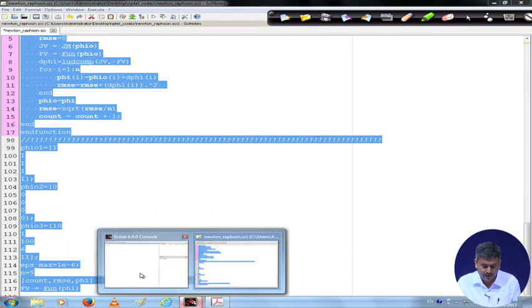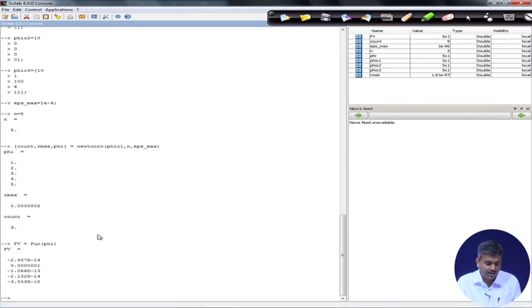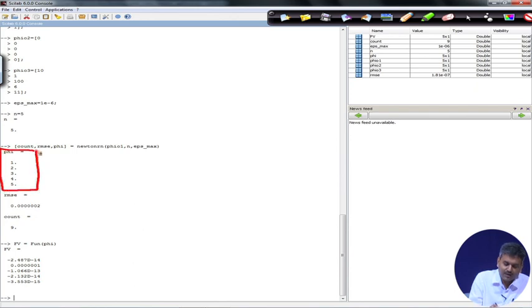If we run this process, we can easily see that we are exactly getting our solution phi equals 1 2 3 4 5, and the RMSE we are getting is 0.123456 something, with counter 9, that means within 9 iterations we are getting this solution.